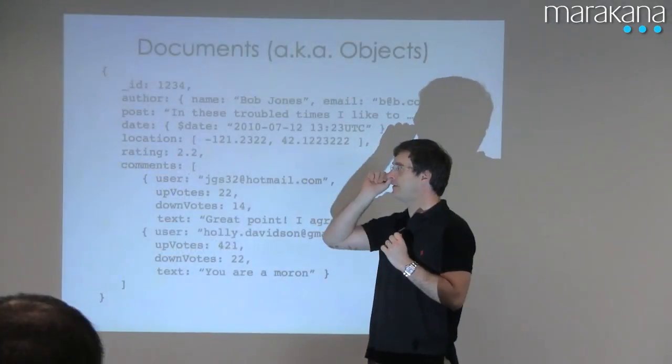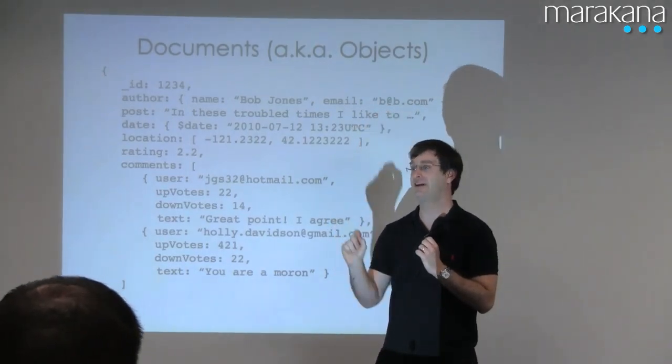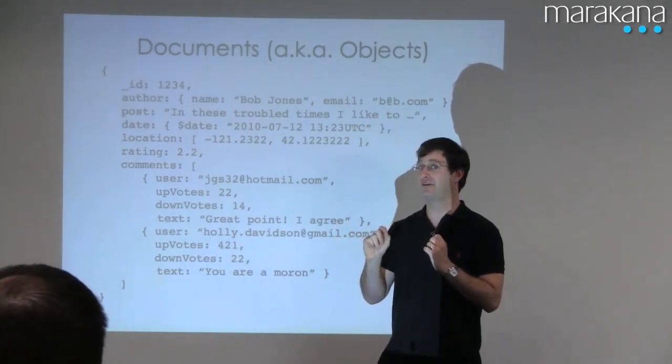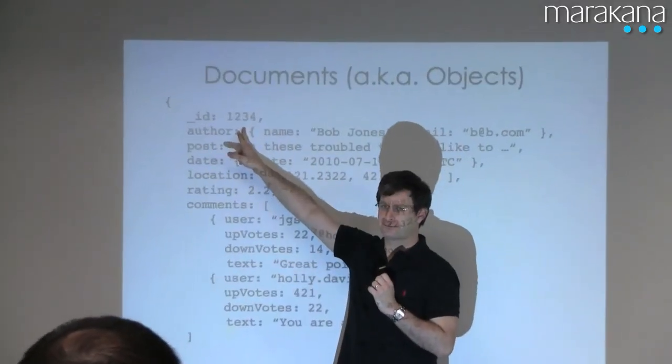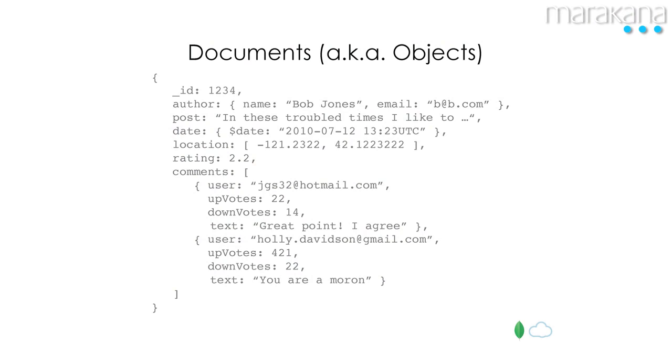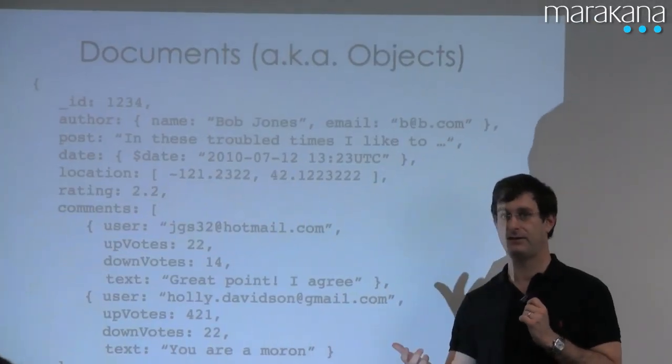The question was, is there the idea of a key, and I'm reading into your question a unique key, and a key by which you reference other things. So every single MongoDB document gets an underscore ID. You can give it an underscore ID when you create it, so you can name things however you want. If you don't, one will be generated for you, and it will be generated as a unique key.